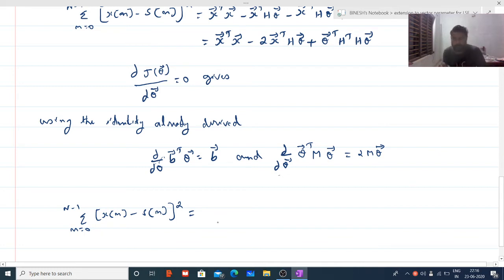So what I will do? So it will be 2 x transpose into, that is to be made equal to 0 now. So 2 h transpose h theta, b transpose into theta.